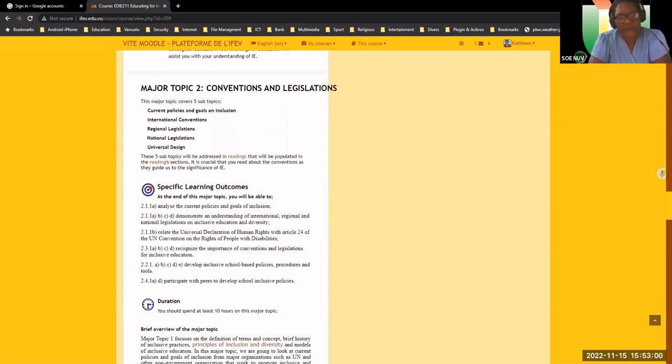So being inclusive, we accept it. We can't force them to do something that's against their religious beliefs. So inclusion looks at religious background, ethnic background, learning difficulties, behavioral issues. Inclusion includes all of this.